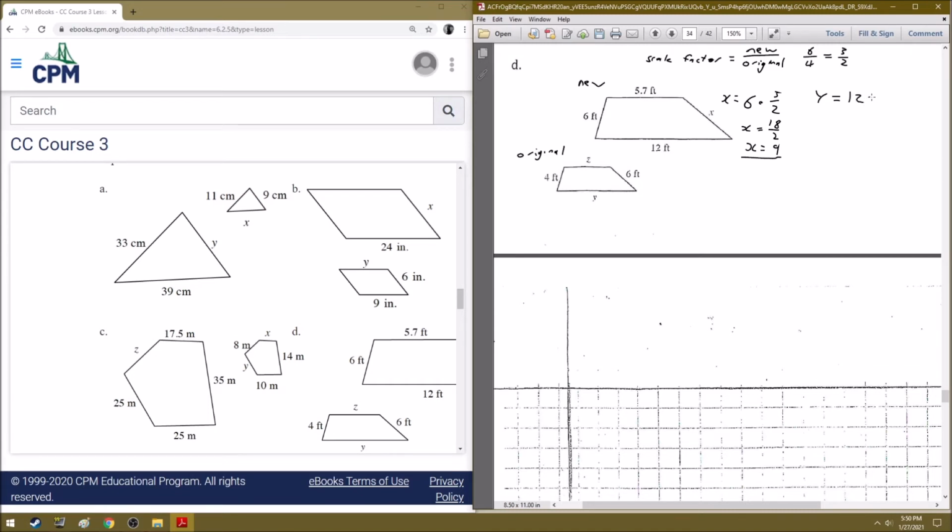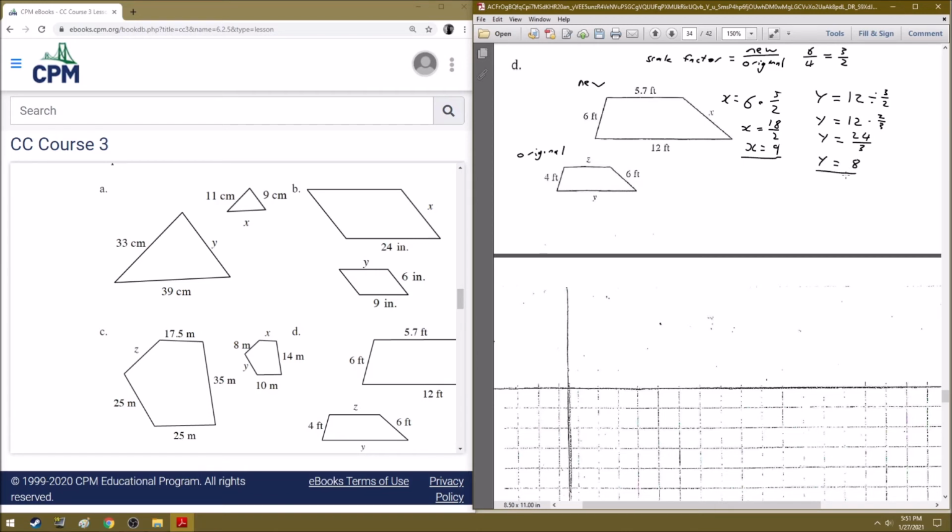And then we want to divide it by 3/2 to find it on the original. Dividing by 3/2 is the same thing as 12 multiplied by 2/3. Then we can just do that multiplication. 12 multiplied by 2/3 is going to be 24/3. And so y is going to equal 8.